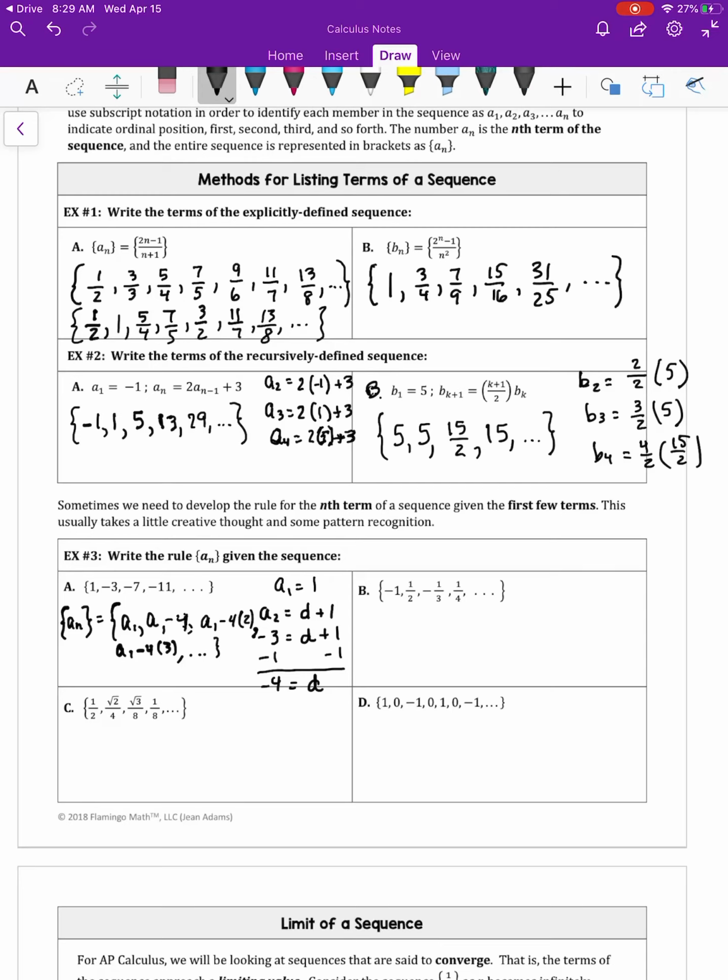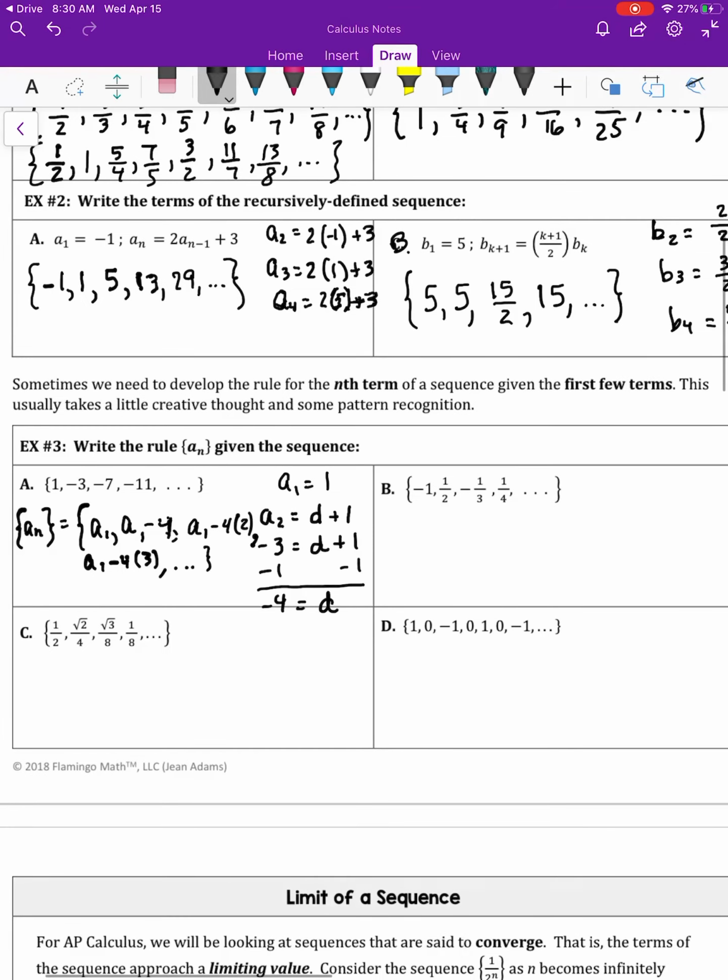Now, this is not your sequence yet. I'm trying to just kind of work your way through it and have you think about it. So if you're thinking about it, how can we write it so that it only includes numbers and n? It's going to look something like something that we did up here, like it's going to look like that sequence or that sequence. And look at what's happening.